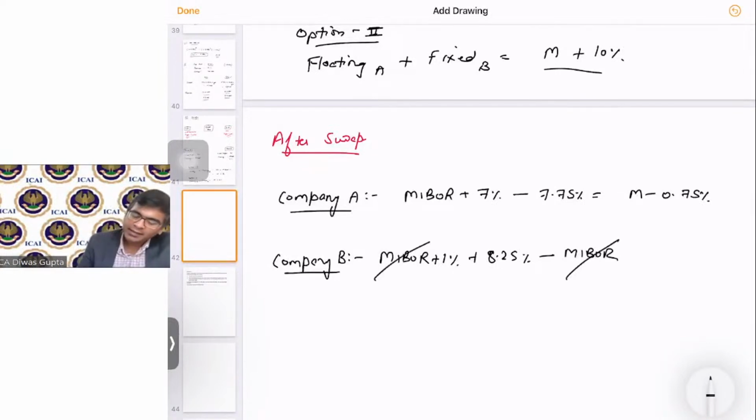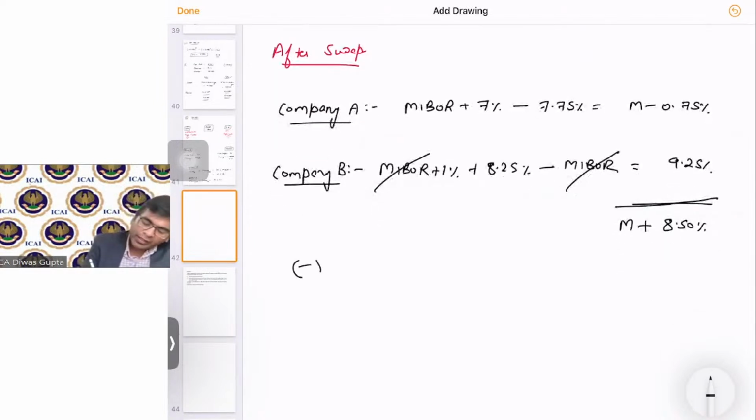This will get cancelled. 8.25 plus 1 will become 9.25 percentage. Correct? This becomes how much? M plus 8.5 percentage. Correct, students?